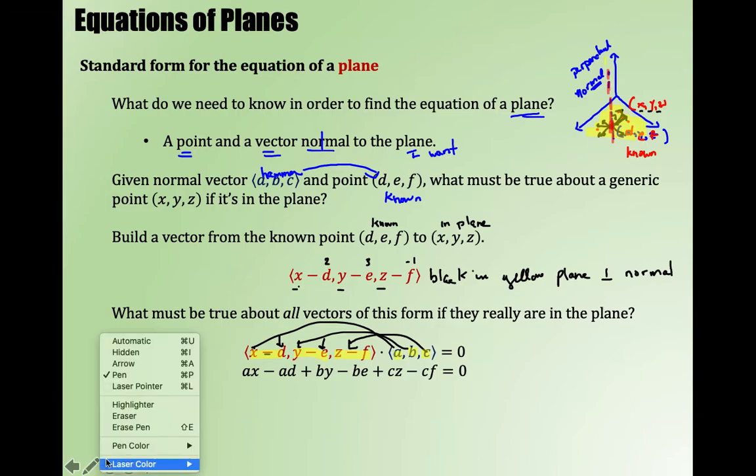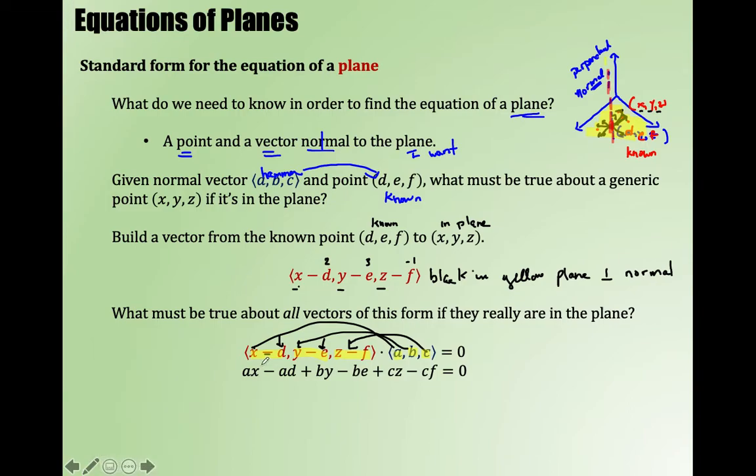Now remember, these terms are really going to be numbers. Once I have a normal, somebody's going to give you the normal vector, and it's going to be whatever numbers are in here. So A, B, and C, D, E, and F are numbers.